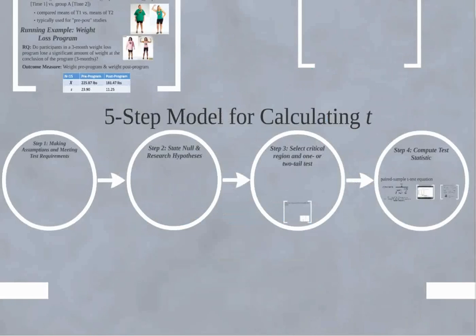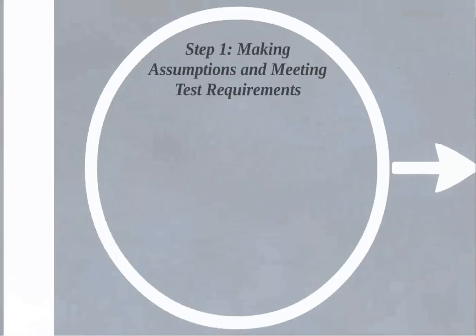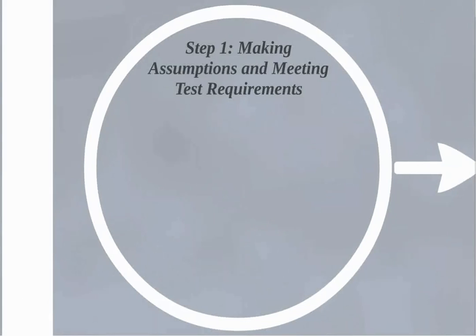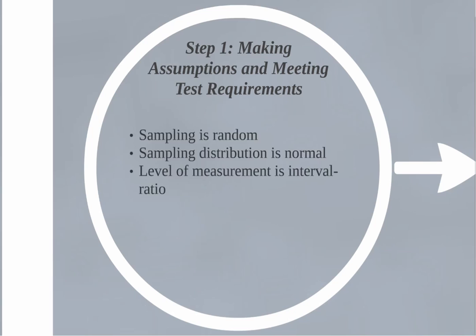We'll go through our 5-step model of calculating our t-statistic. Steps 1, 2, and 3 are very much like the other tests you've seen, and we'll go over those anyway. So let's do step 1 and talk about making assumptions and meeting those test requirements. Of course, we have to ensure that our sample is random.